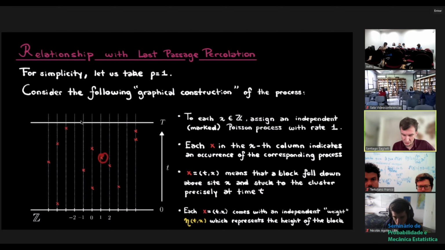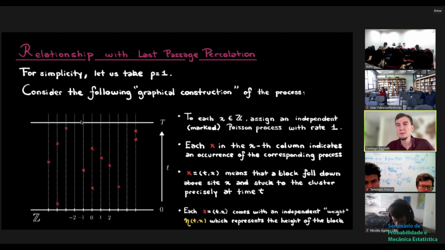And each of these red crosses is going to represent an occurrence or a point in the corresponding Poisson process. For example, you have here a mark or an x at 0 at this particular time.